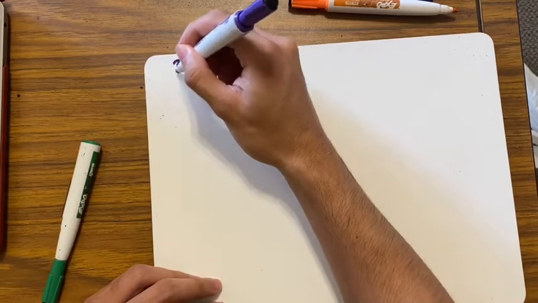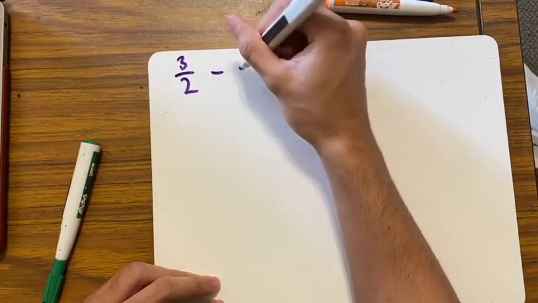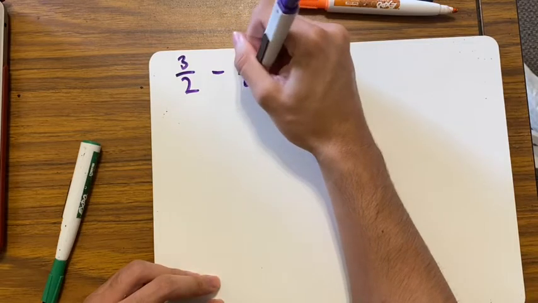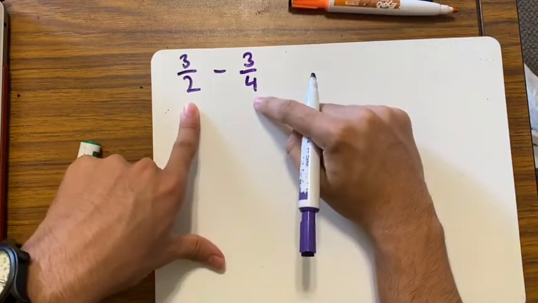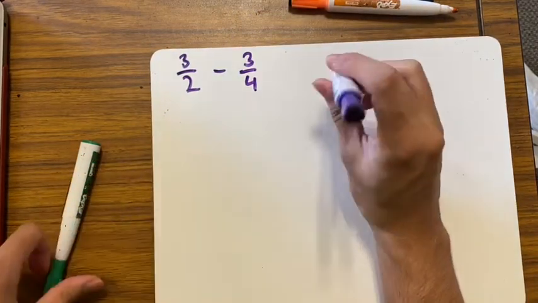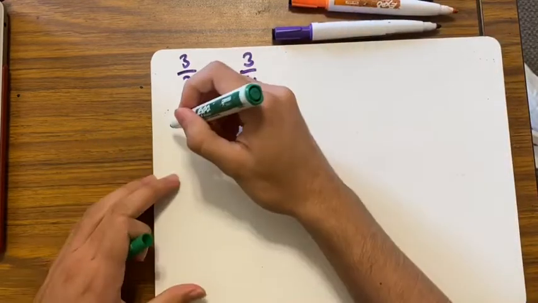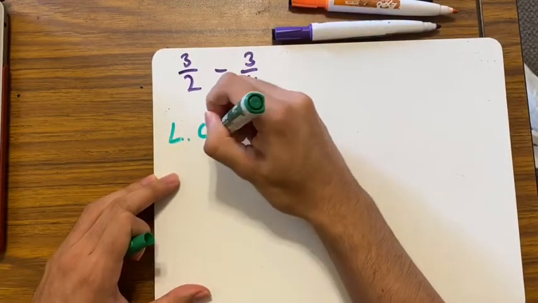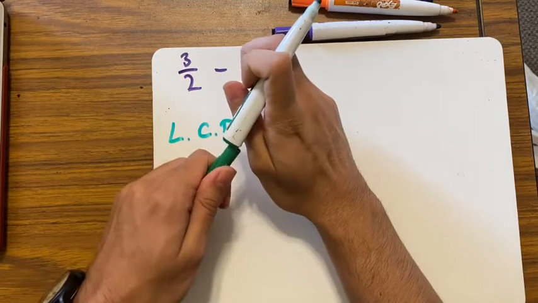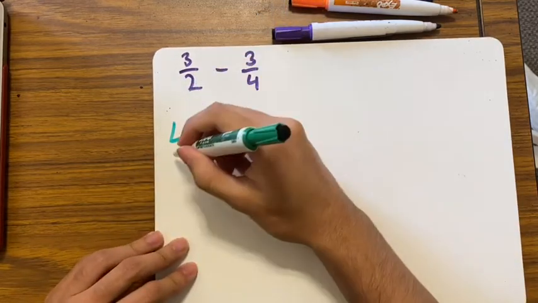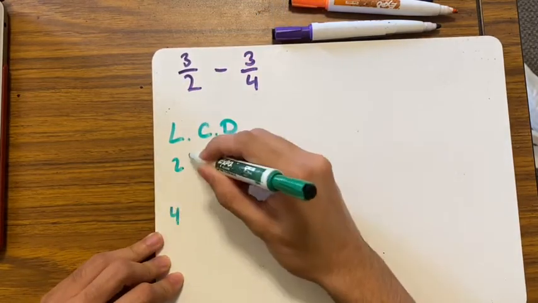And the reason, everybody, I like doing it this way is because this is something that's pretty easy now. At this point, all we need to do is just find our least common denominator. Remember? Least common denominator. So I have 2, I have 4.